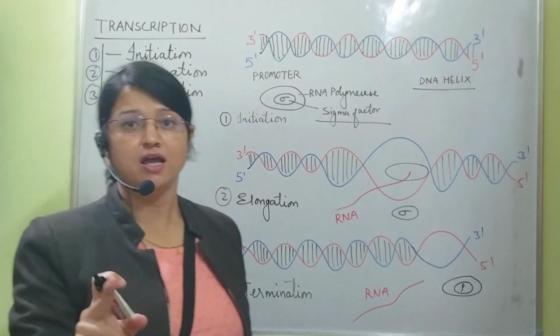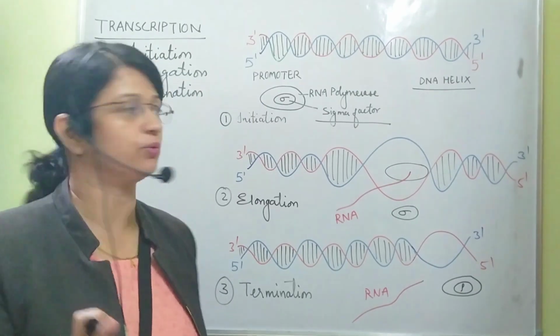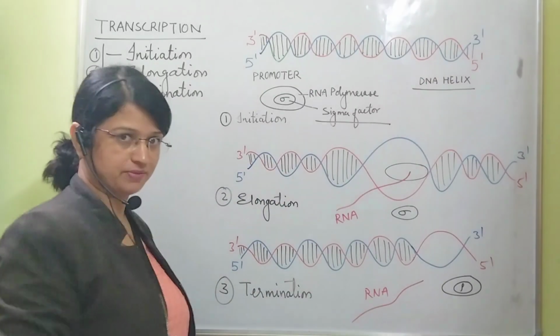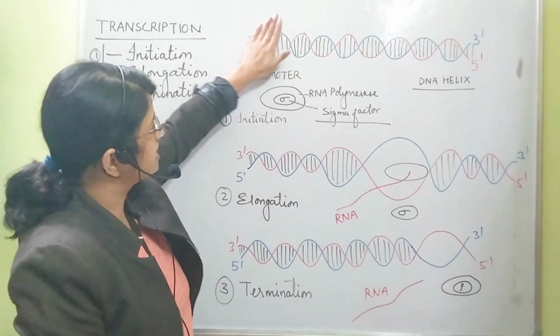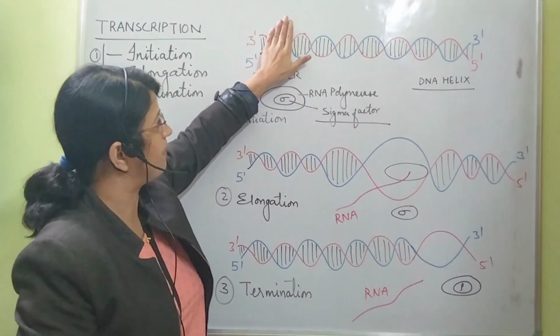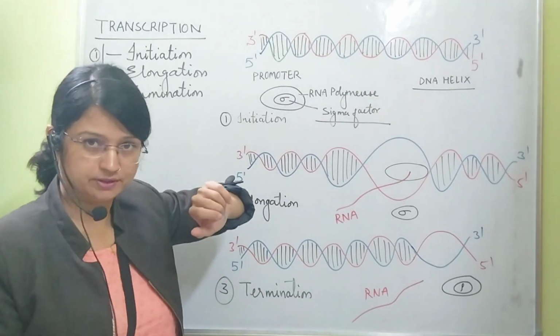Second important thing, the process of transcription will be initiated only when the sigma factor binds to the RNA polymerase. So, in this promoter site, what will happen? The RNA polymerase will bind and now it will break the hydrogen bond.